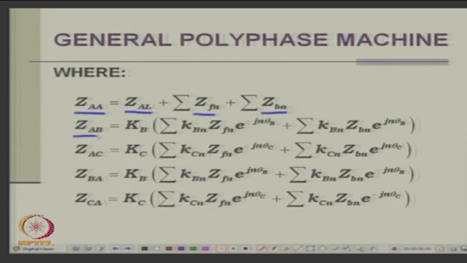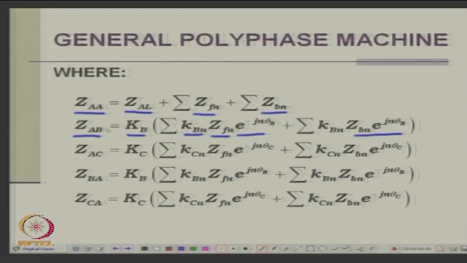Now, ZAB of course, we will have KB times because mutual, and that will also have a winding factor KBN, and whatever ZFN e to the power of minus JN theta B, okay, due to forward field. The same voltage means same flux will induce differently, and this ZBN e to the power of JN theta B. So, you have ZAB in the same logic which we are trying to say, okay.